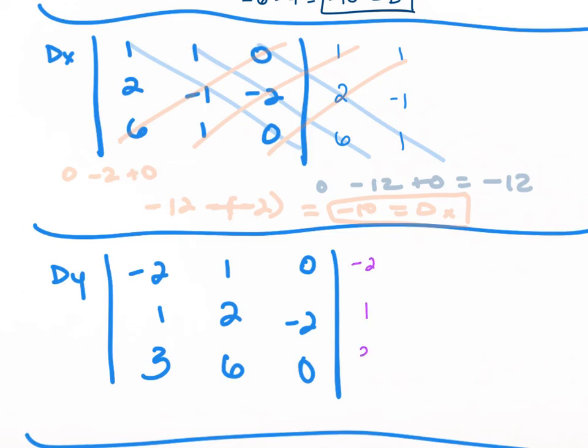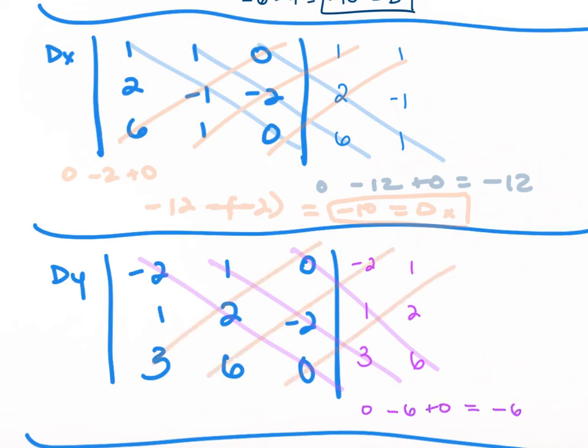Negative 2, 1, 3, 1, 2, 6. Top left, bottom right first. 0, negative 6, 0. Work your way back the other way. 0, positive 24, 0. And I get negative 6 minus 24, negative 30.